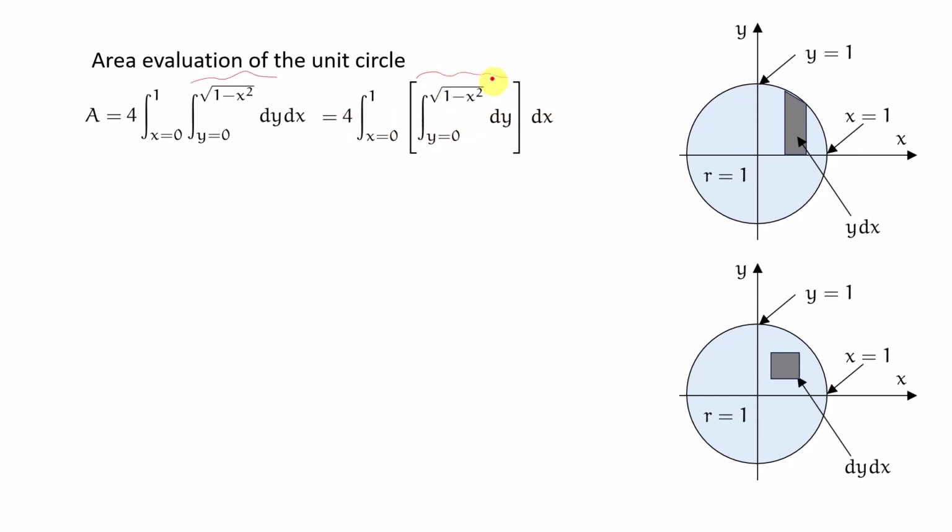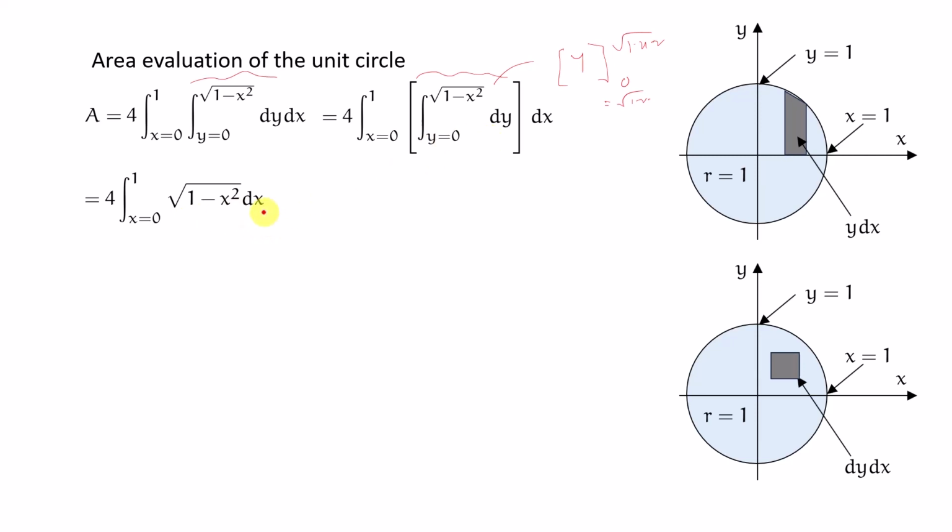So as I integrate dy within limits 1 minus x square and 0, this integration will be root over 1 minus x square. So it becomes the integral from x equals 0 to 1 of root over 1 minus x square dx. We have to evaluate this integral. So this is the first step.